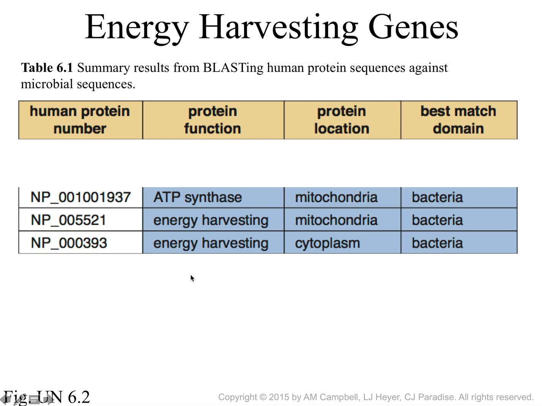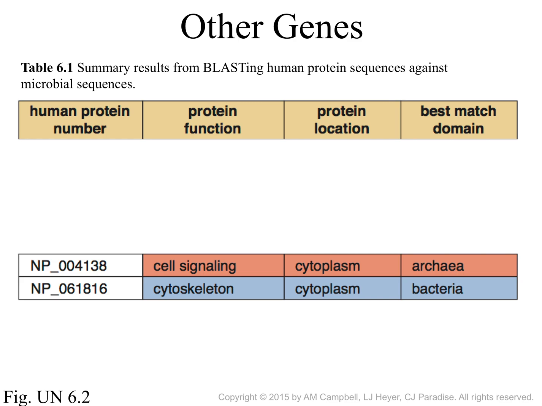But if we look at energy harvesting enzymes, we'll talk about some of these later on in the class, they look more like bacterial enzymes. They are closer in a phylogenetic tree to bacterial sequences than they are to archaean sequences. And then some aspects of cell signaling, we'll talk about this a bit later. Cell signaling is sort of like you release a hormone and that causes cells to change what genes they transcribe.